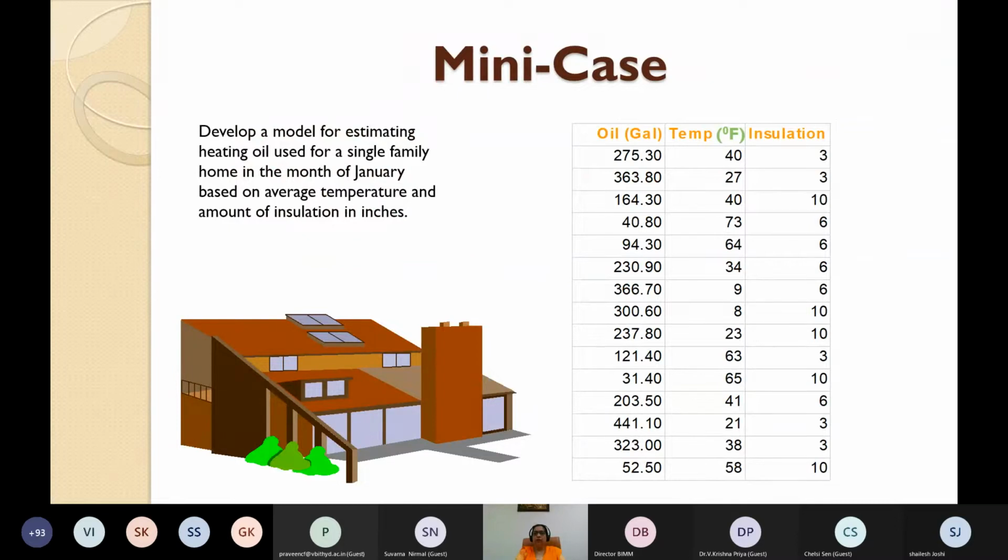So we need to develop a model for estimated heating oil used for a single family home in the month of January based on average temperature and amount of insulation in inches. So you have two independent variables, the temperature and the insulation, which impact the usage of oil.